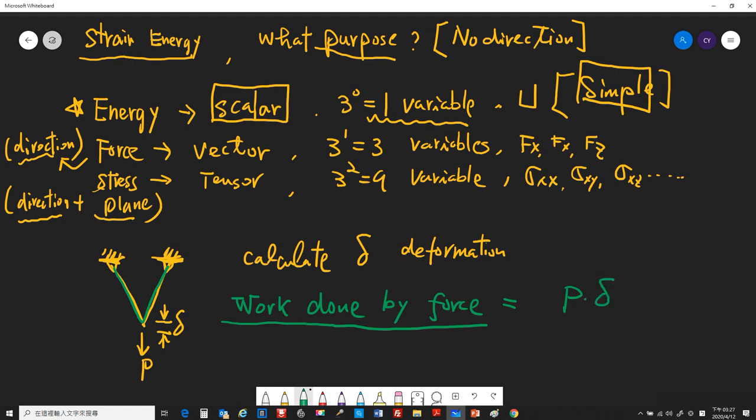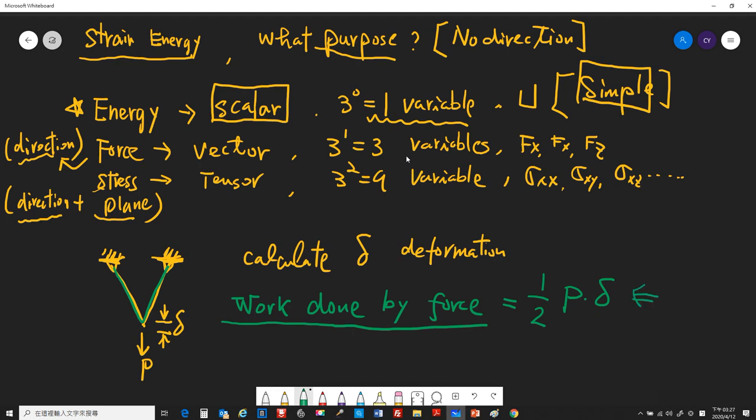For example, if this is elastic, we will say P delta is equal to half. I will teach you later.